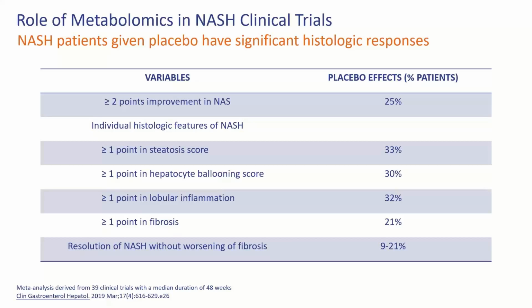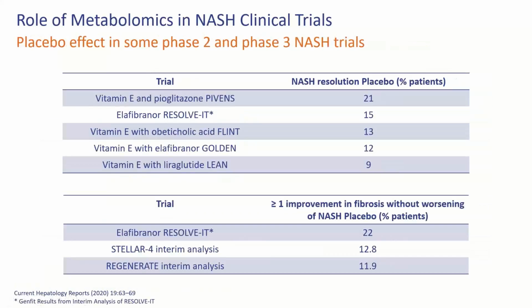Even when you see major criteria on histology, disappearance of NASH without worsening fibrosis is a very strong endpoint, and can really be achieved by placebo in up to 20% of the patients. You see here how the recent trial has this issue, and at the end, your drug has to overcome this effect. If not, it's a failure.